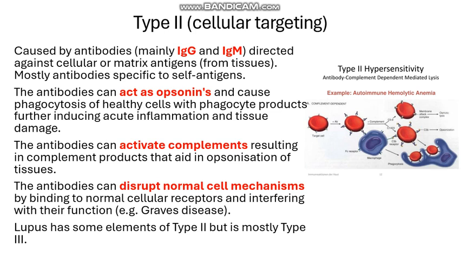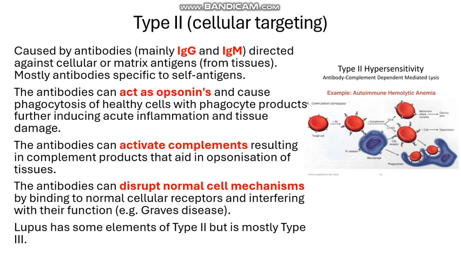But then once the macrophage destroys these cells, it releases their contents back into the body, where they're further opsonized by other antibodies that are still going to be specific to those antigens. And also you're going to have inflammation and tissue damage caused by these phagocytes secreting cytokines that are going to induce an inflammatory response, like interferon gamma.